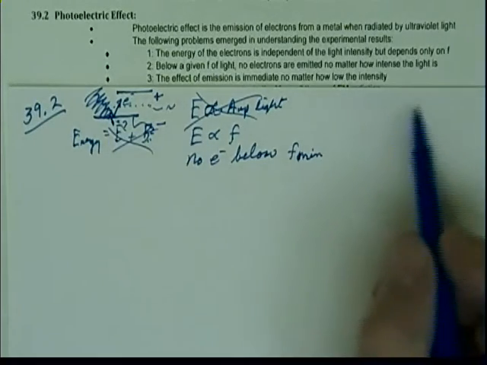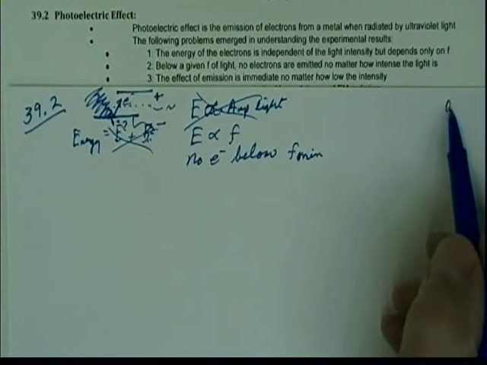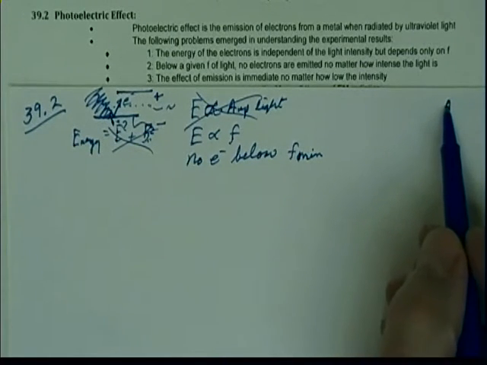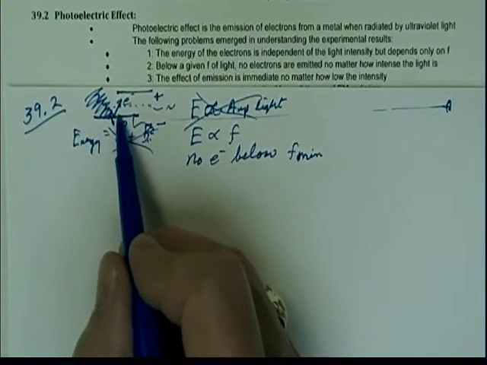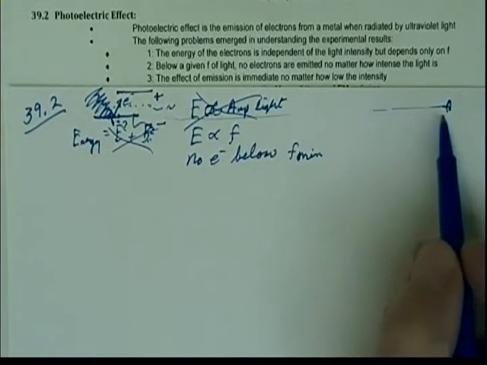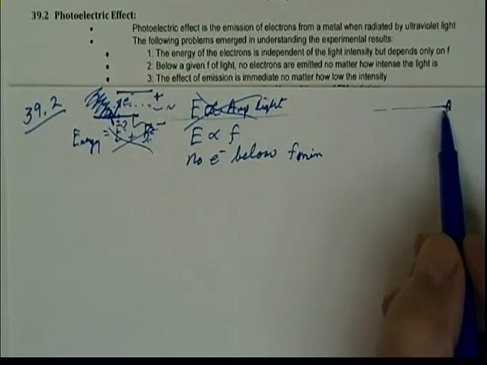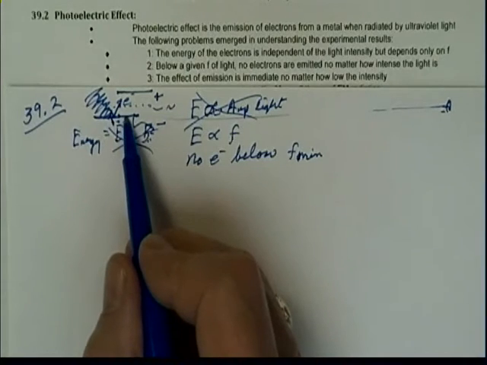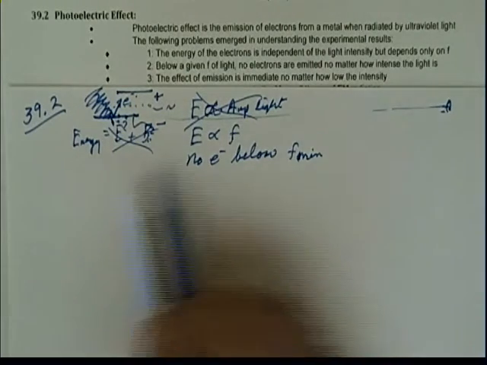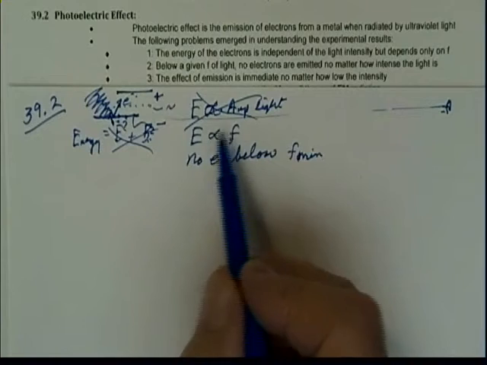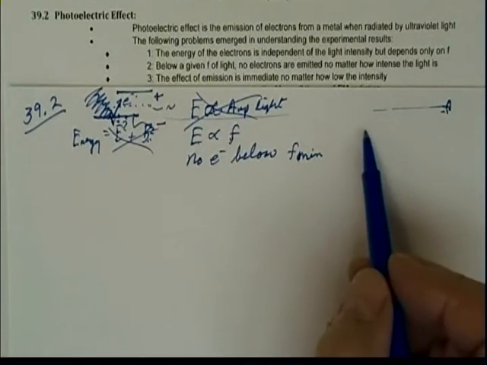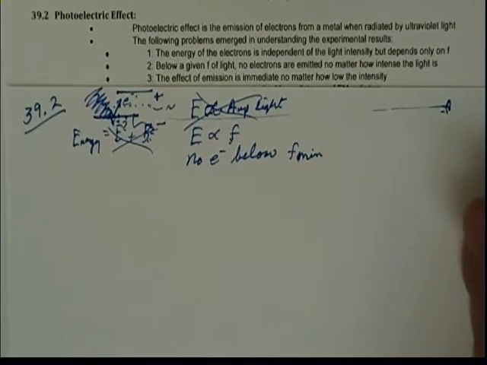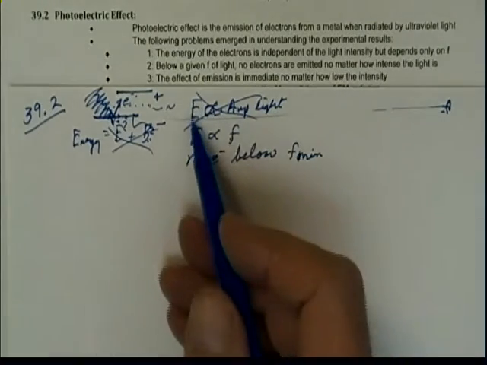That means that if we were to take a candle way out here, or a light that's so dim you can't imagine it, and it's so weak, and it goes for 50 miles and goes over here to this plate, you can compute that it would take hours or days for enough energy to get over here to knock even one electron out. But if that light has a frequency greater than that minimum, then it turns out the electrons come out immediately. How is that possible? There's not enough energy there to do it.